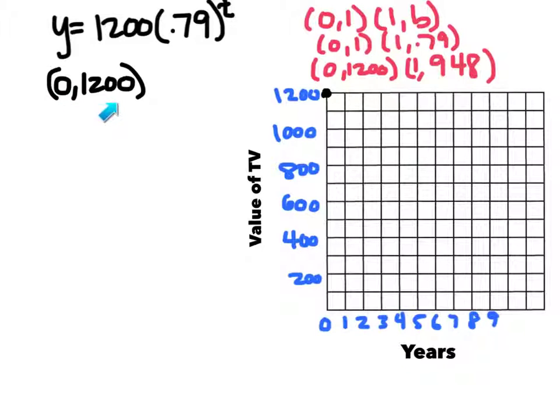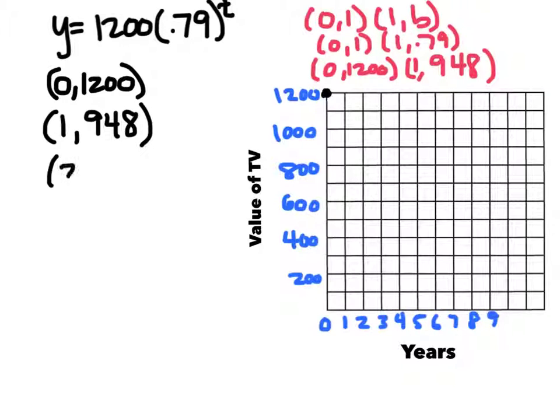Logically it makes sense. Over here doing the 0, 1, 1b, we get the same answer. After 1 year, 79% of the 1200 remains. Well, guess what 79% times 1200 is? 948.